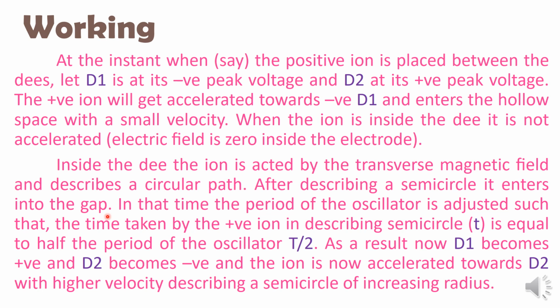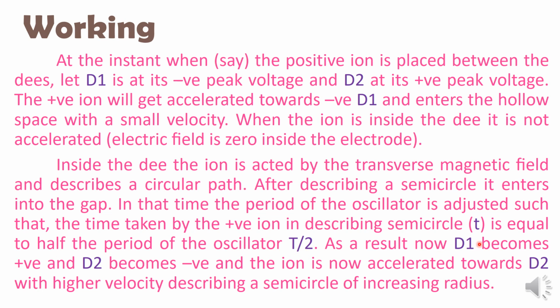Now D2 becomes negative and the ion is accelerated towards D2 with higher velocity, and therefore it describes a semicircle of increasing radius. Here, in order to achieve this, the condition is: if t is the time taken by the ion to describe a semicircle, then this t must be equal to half of the time period of the radio frequency oscillator.